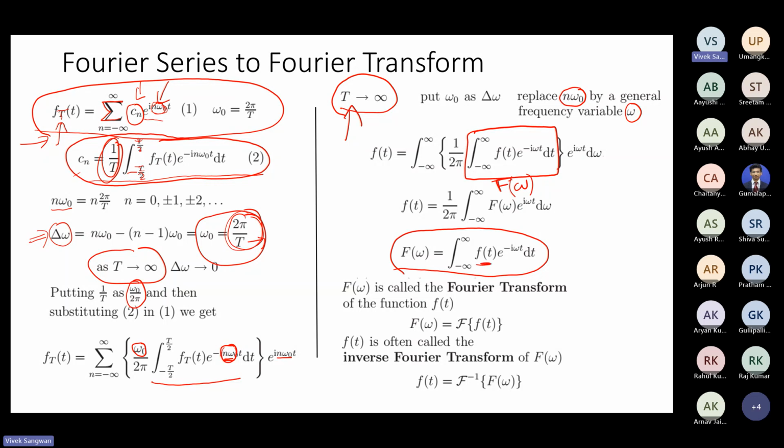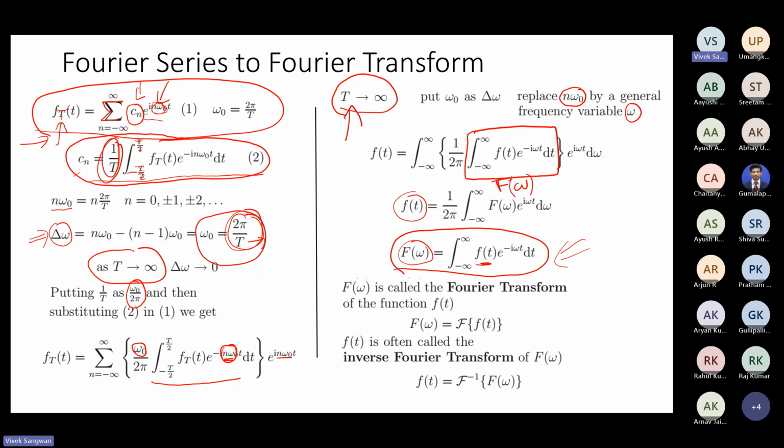It's a general function. So if you have a function f of t and you want to compute its Fourier transform, you evaluate this expression, and what you get is a complex function of omega. If you have the Fourier transform and want to get back the original function, you evaluate this integral, and you will get back your original function.